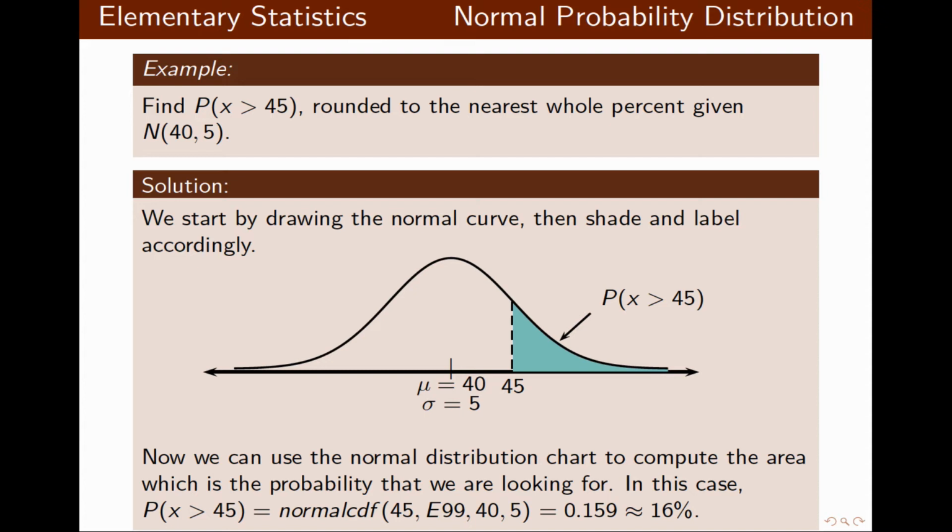Using the TI command, the lower value is 45. The upper value is E99. The mean is 40 and the standard deviation is 5. So we're using normal CDF. The answer is 0.159. Rounding it and converting it to a nearest whole percent, we get approximately 16%.